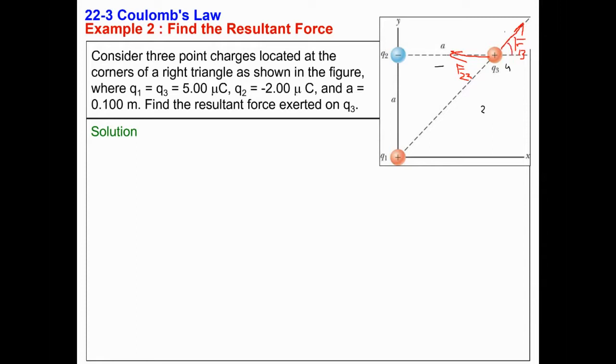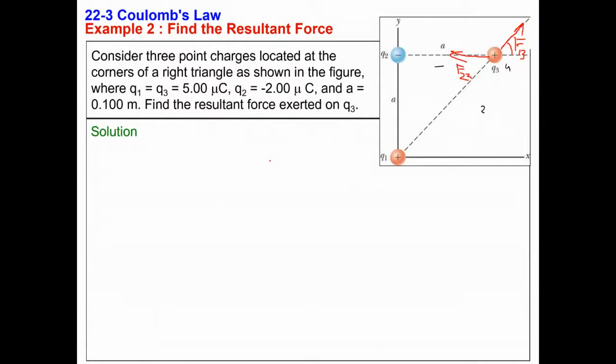So we can write this force in unit vector notation. Once we determine the magnitude F13, we write it times cosine 45 degrees i, and we also multiply the magnitude times sine 45 j, because it has positive x and positive y components. The force F23, once we determine the magnitude, will be negative.